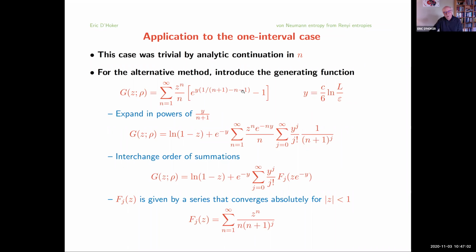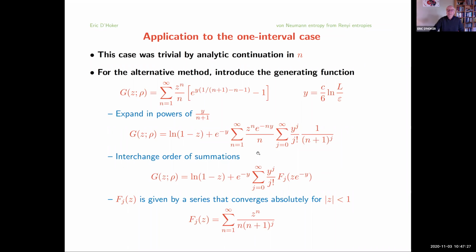Now, I don't know what to do with this exponential in y over n plus 1. So the best thing I know how to do is to expand it in a power series. So here it is, I expand it in a power series. And that gives rise to a series in J. So J here is the expansion of y over n plus 1.